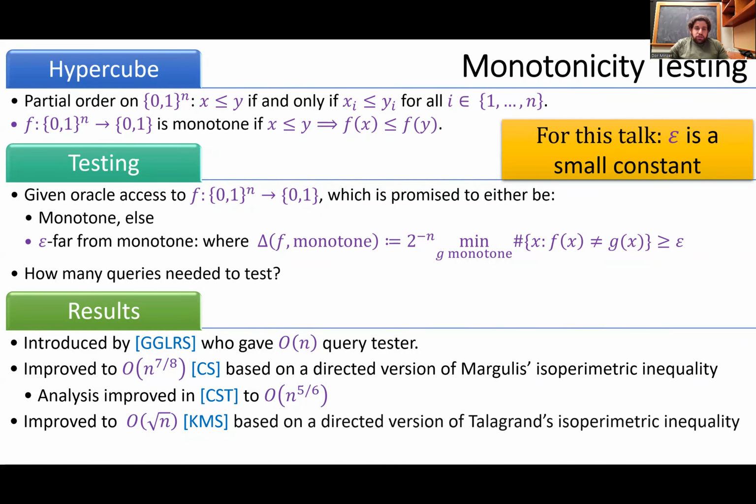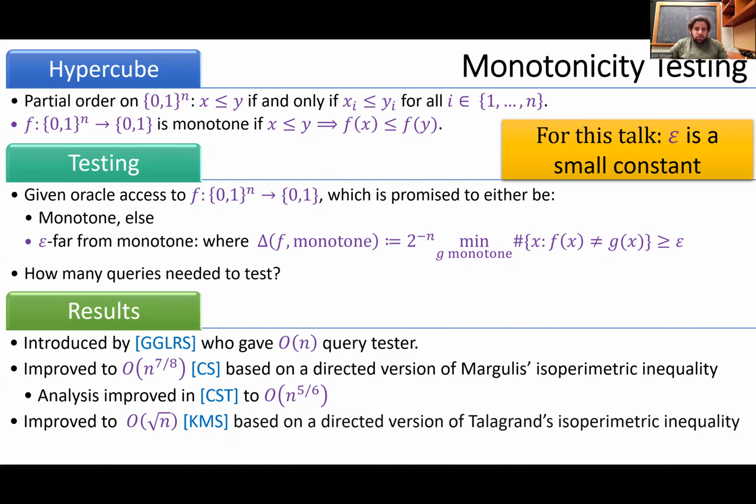In that, you just pick 2 points x and y that differ on exactly one coordinate, chosen randomly. You query the value of f on these 2 points, and you reject if these 2 values violate monotonicity. It's a very natural tester, and the analysis is very, very nice. But this is the best you can do if you only consider edge testers.